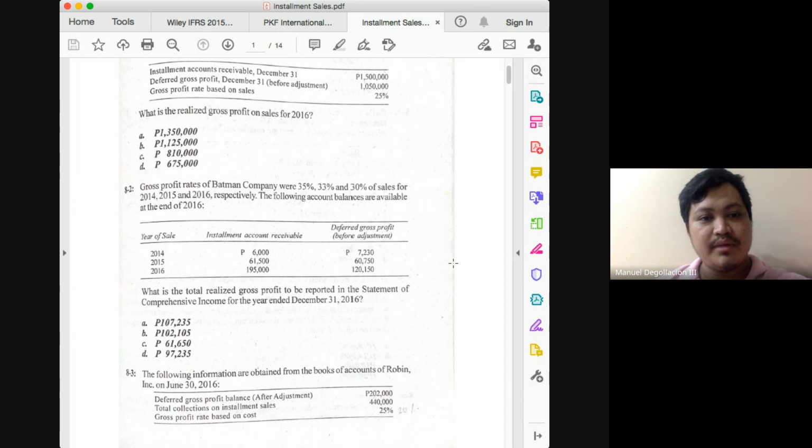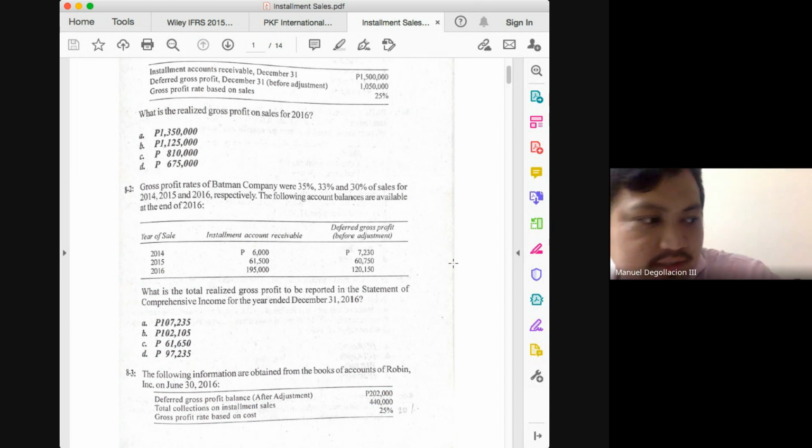So similar to problem 8-1, you can just compare the DGP before adjustment with your DGPN. And although the DGPN will not be given, you'll be able to figure that out because again, your DGPN is simply the markup on the ending installment receivable. So meaning you get the markup on the 6,000 ending installment receivable, which is 35%, and 6,000 times 35% will give you 2,100.